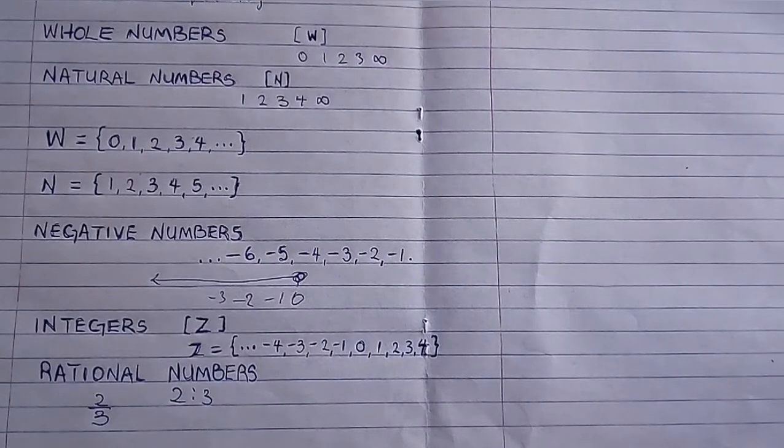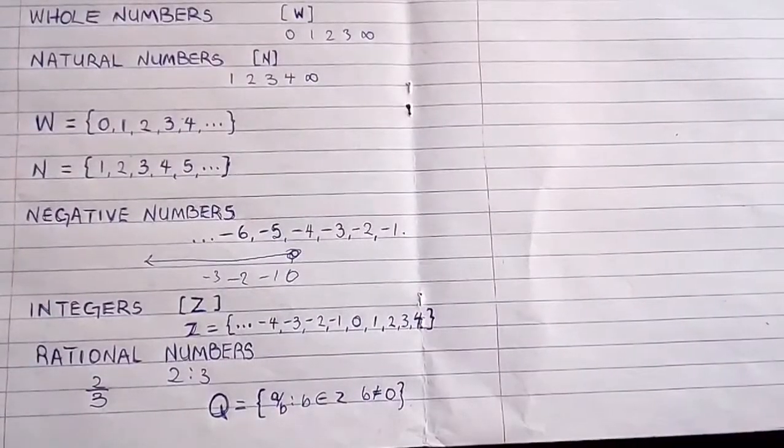They say rational numbers also include all decimals, recurring decimals, and all integers are rational numbers, and even all fractions are rational numbers. Another thing you have to know is that the set of rational numbers is denoted with Q. When you see Q, you know they are talking of the set of rational numbers.